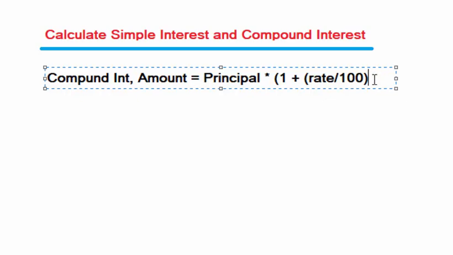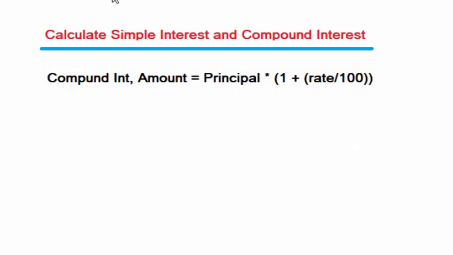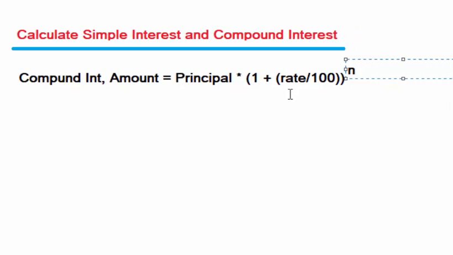Then the whole of these things in the bracket, they are being raised to the number of periods in which it is calculated. So we raise this to maybe n.